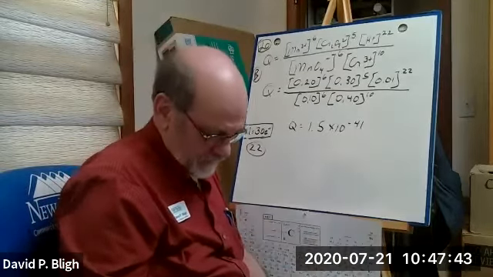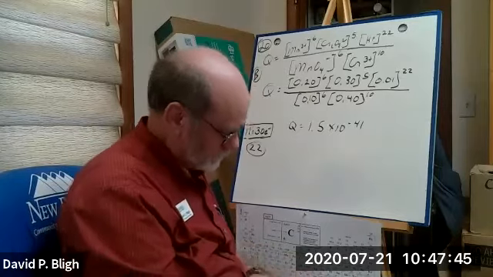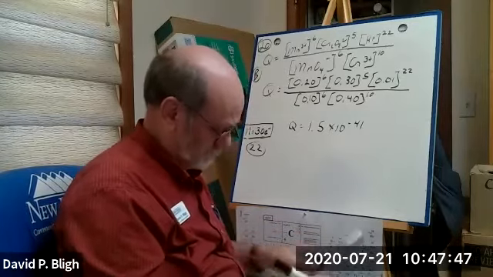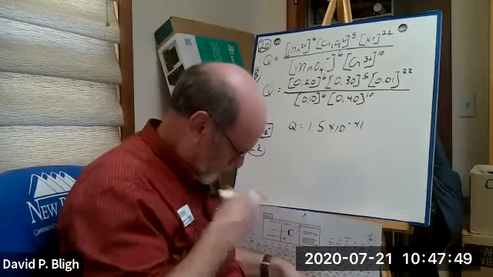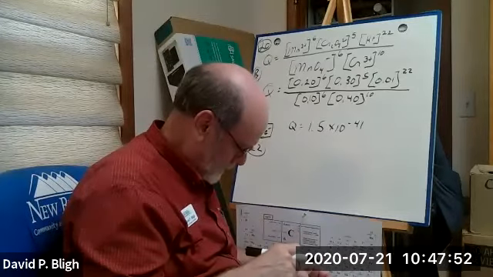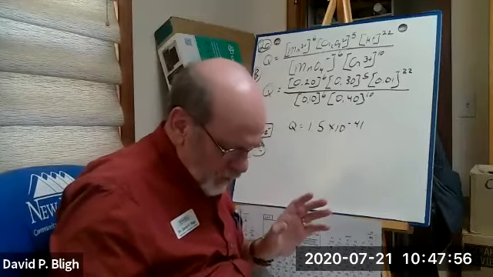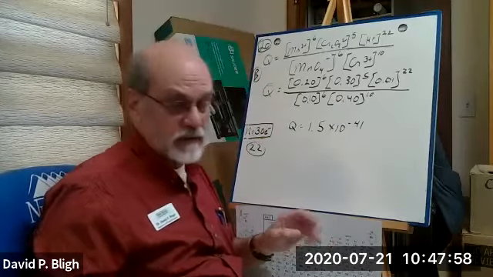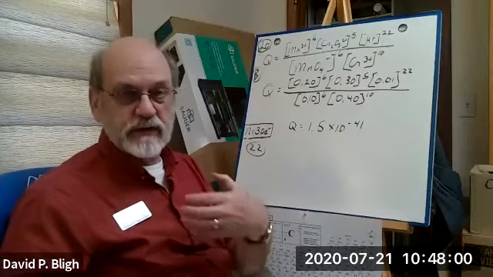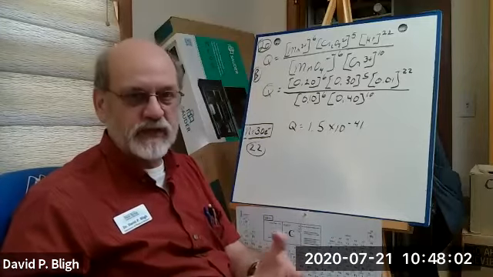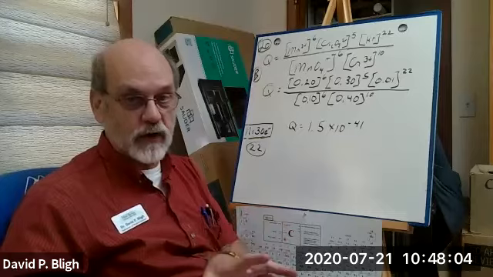22. So the question for 22 is, what's the cell potential at 25 degrees? 25 degrees is that place where we can use the modified Nernst equation.